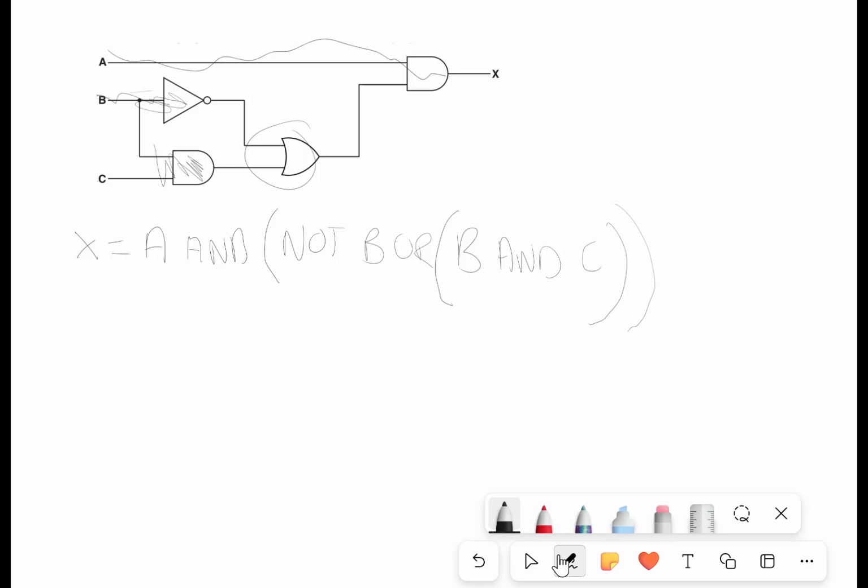And there we go. Now let's do it as a Boolean expression. X equals A and NOT B or B and C. There we go, happy days.